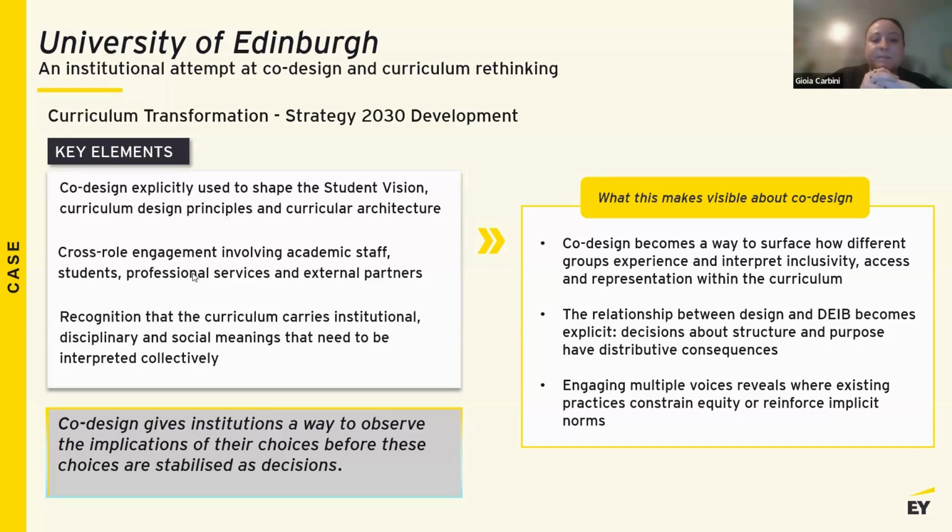And what I think is very relevant is that the University of Edinburgh understood that creating curriculum has a social meaning, and as this reasoning is so relevant, they thought that it needed to be interpreted collectively.